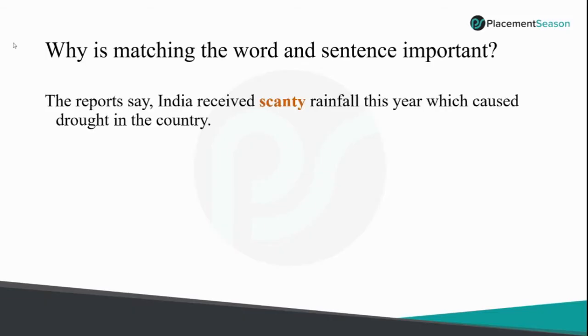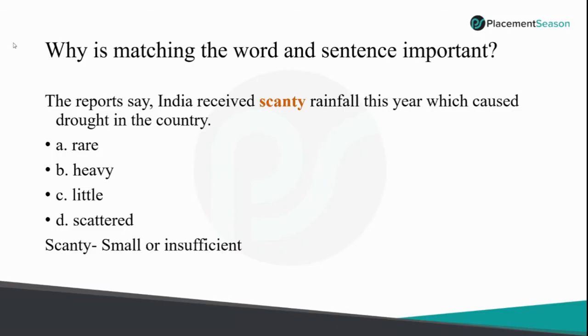Now let's see an example here. Look at this highlighted word. The reports say India received scanty rainfall this year, which caused drought in the country. Rare, heavy, little, scattered. India received rare rainfall, heavy rainfall, little rainfall, scattered rainfall. All of them are correct. But what does scanty mean actually?